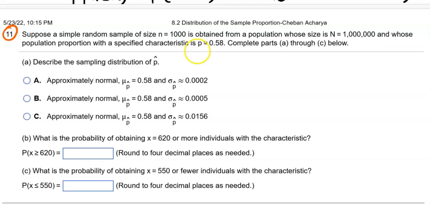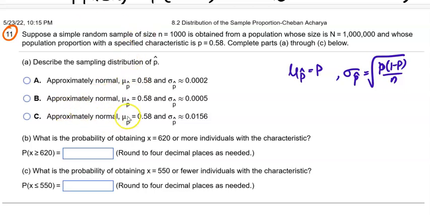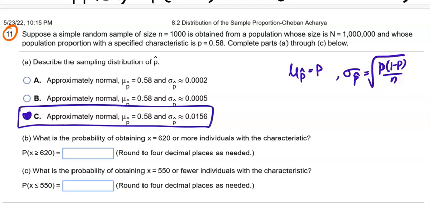Use the formula we had before: mu p hat is the same as p, and sigma p hat is the square root of p times 1 minus p divided by n. You're going to find the right answer here, which is C. Again, use the formula. We already did the one for you before, so it should be fine. This is the standard deviation, and the mean is going to be 0.48, which is the same as p.